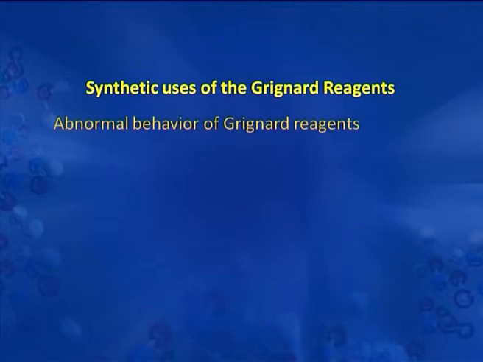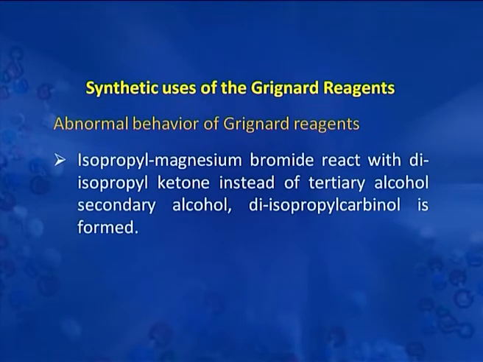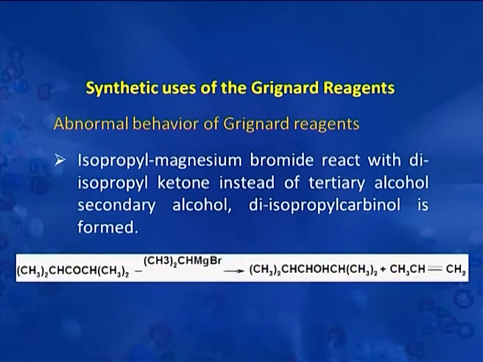Isopropyl methyl ketone reacts with methyl magnesium iodide, but not with tertiary butyl magnesium chloride because of the bulkiness of the butyl group. In the case of isopropyl magnesium bromide reacting with diisopropyl ketone, instead of tertiary alcohol, secondary alcohol, that is diisopropyl carbinol, is formed, but in actual fact tertiary alcohol should be formed.